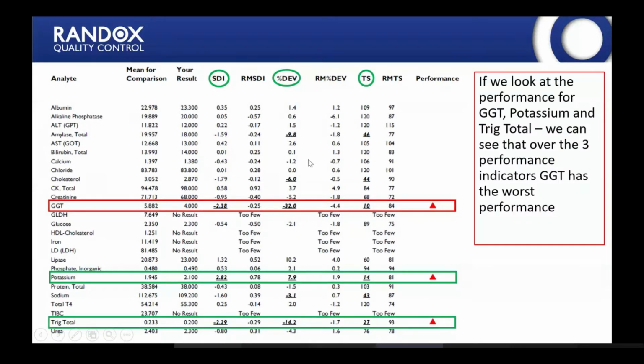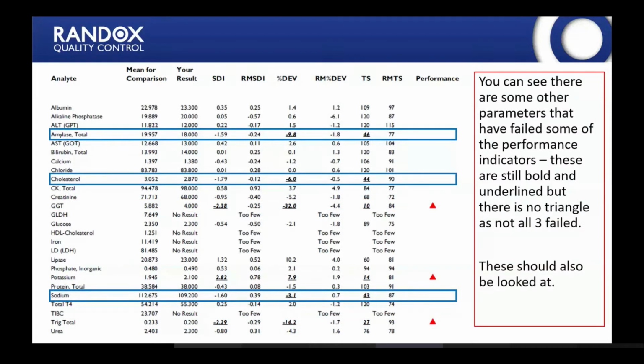This is why the summary page is the best place to go to get your initial information on your particular sample, and then we can look at the individual report pages to see what's wrong. If we look at the other things on this summary page, there are other parameters that have failed on some of the performance indicators, but here the SDI for these ones is less than 2, so it's not highlighted and we don't have a red triangle, but there is a performance issue here.